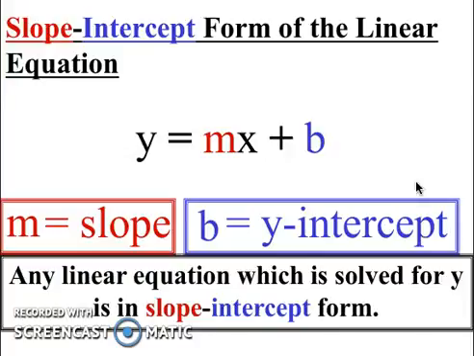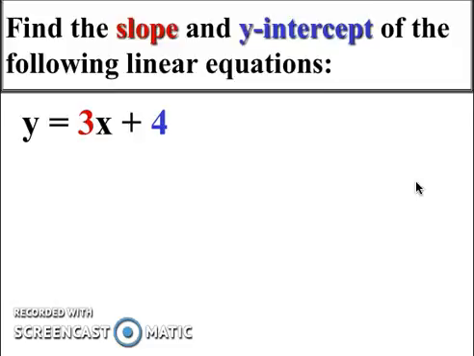Let's look at the first example. Find the slope and the y-intercept of the following linear equations. First of all, we have to make sure that this equation is in slope-intercept form, which it is because we have y on one side of the equation by itself, and we have 3x plus 4. In order for us to determine the slope, it is always next to the x variable.